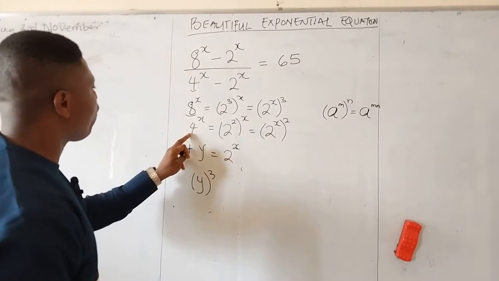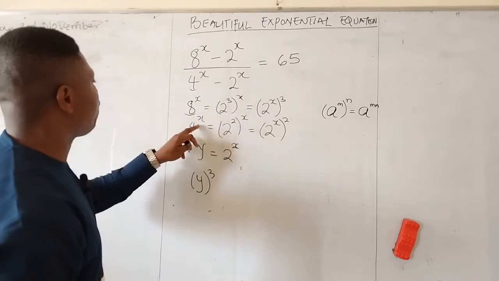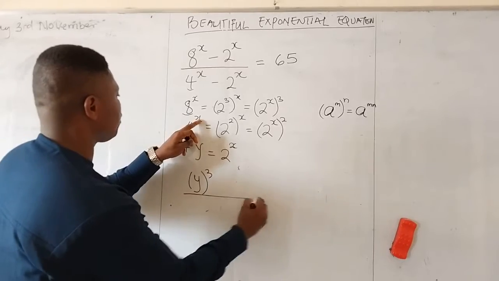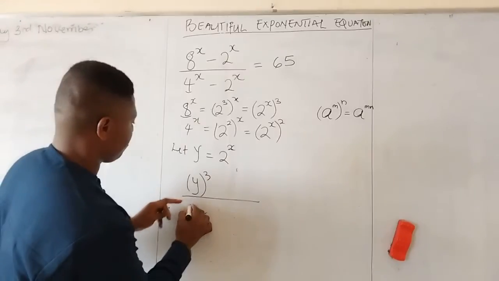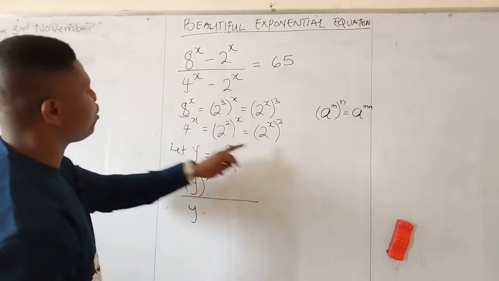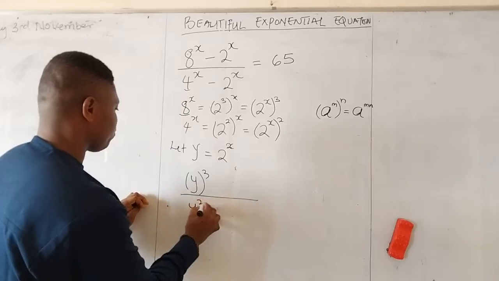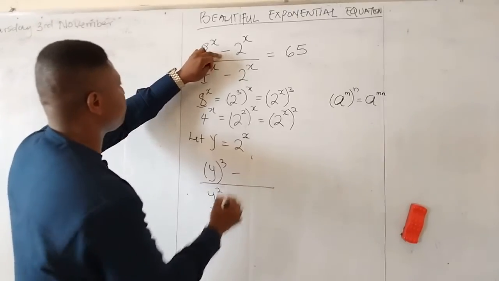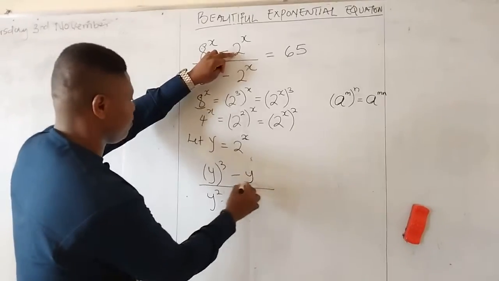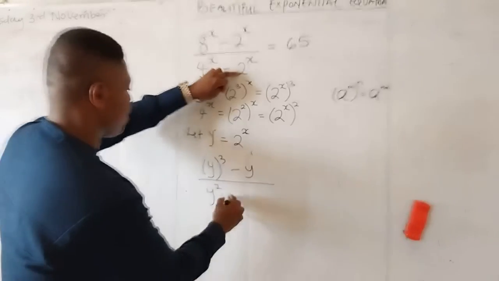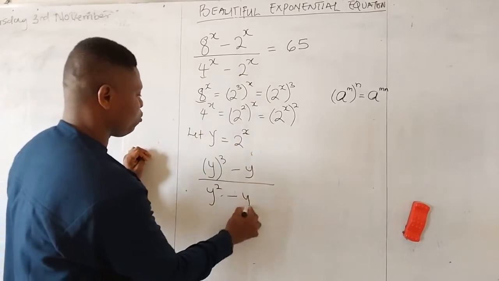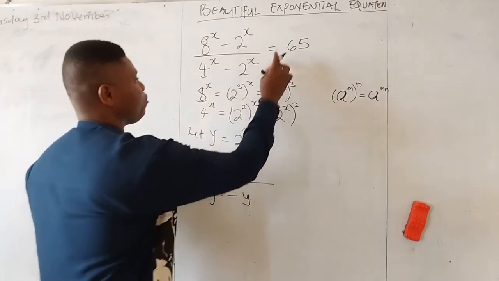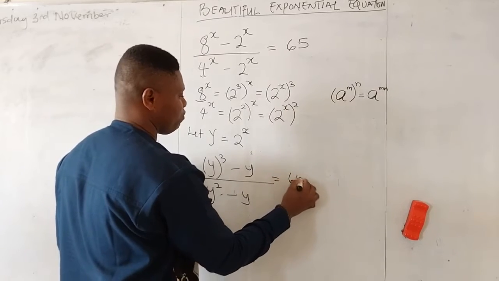Then instead of 4 to the power x, I'm also going to be putting y, all raised to the power 2. All right, now I can put the minus here as y. I can also put here minus, then I should also substitute the y. And mind you, everything here is equal to 65.